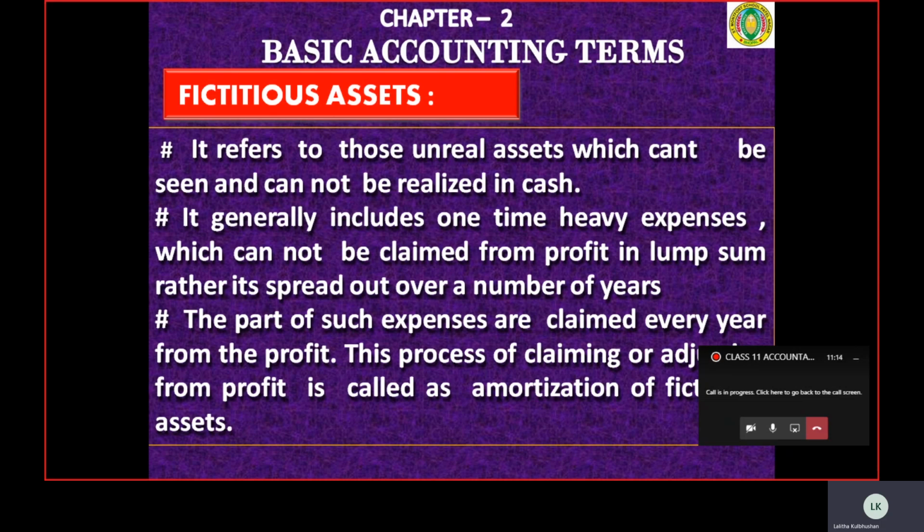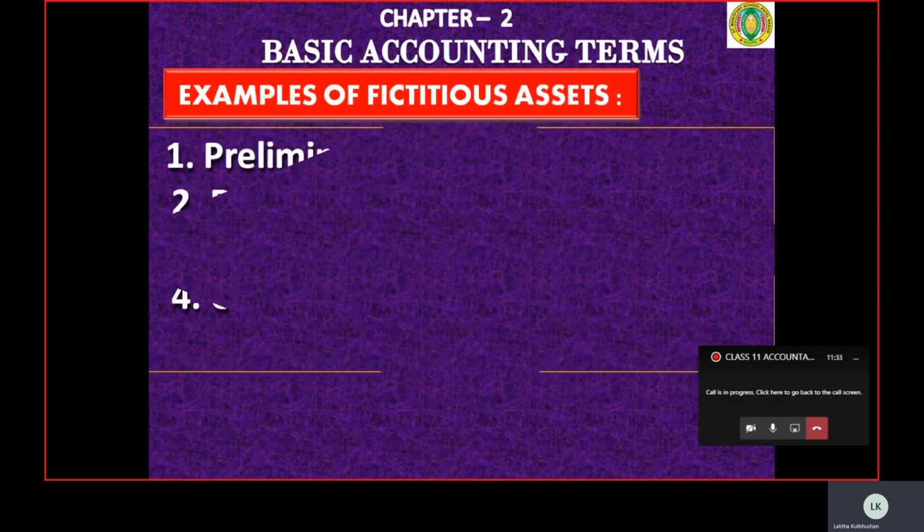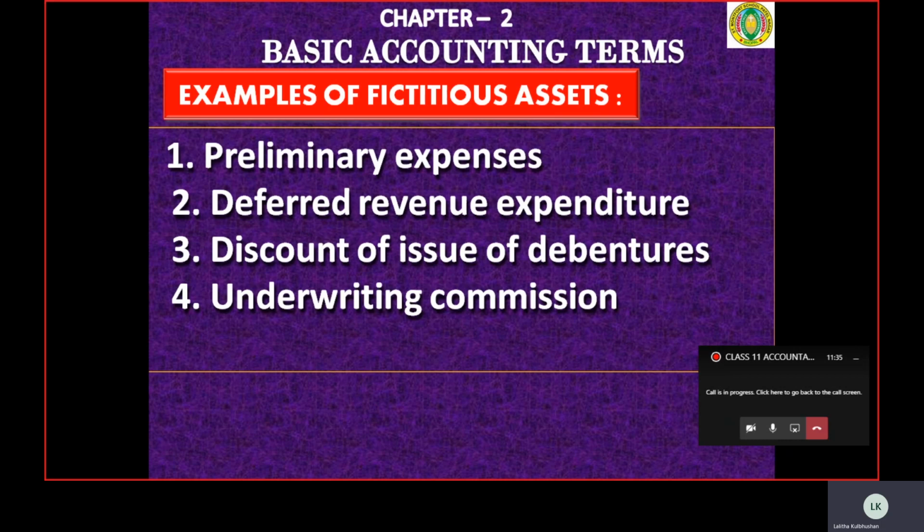So let's understand this concept even more in detail, because you may be confused. Like, the teacher is saying though it's an expense, how can this expense be correlated to assets? So let's deal with it in more detail through an example. Some examples of the fictitious assets are the preliminary expenses, deferred revenue expenditure, discount on issue of debentures, underwriting commission.